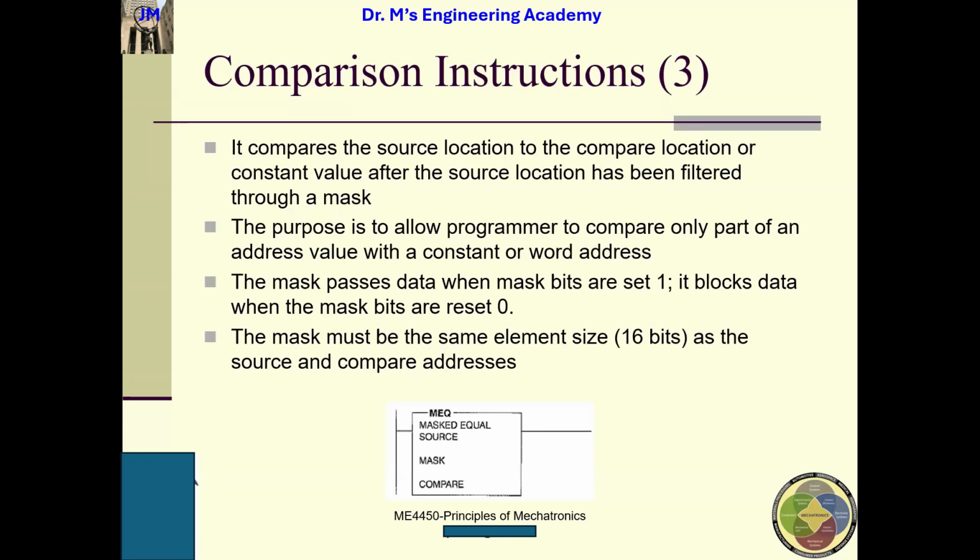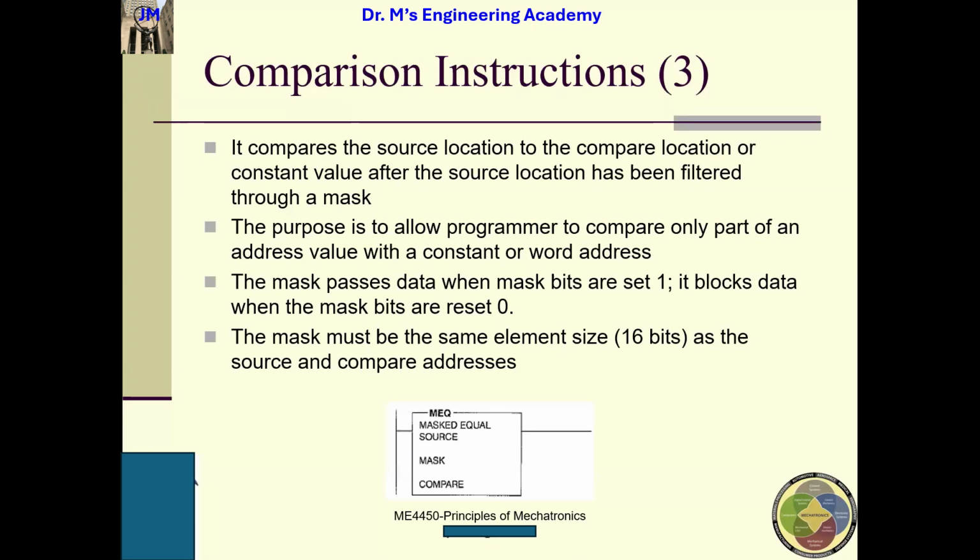Usually these 3 have the same length, that means they have the same number of bits. You know bits, right? Same number of bits. If the mask bit is set to 1, you can compare this one's bit with the corresponding bit of the other.